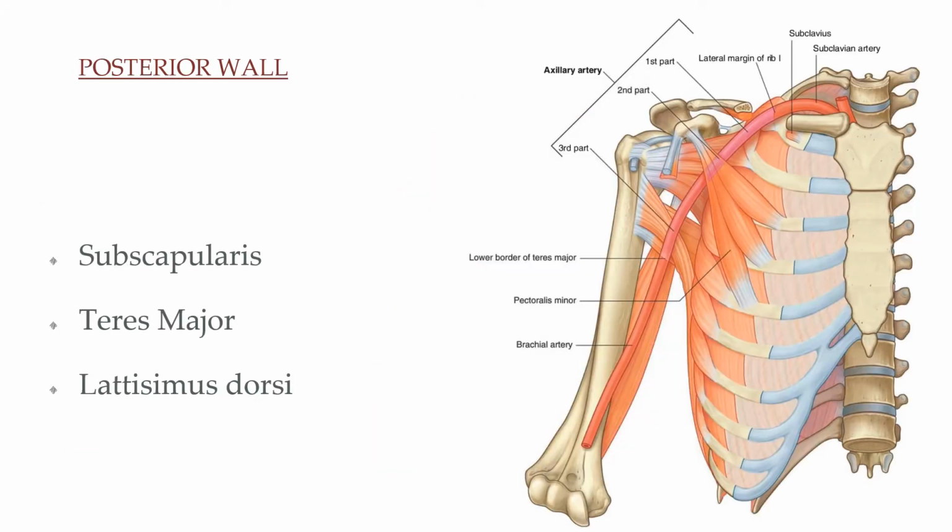The posterior wall of the axilla is formed from above downward by the subscapularis muscle followed by teres major and latissimus dorsi. We will read about the details of these muscles when we study the back and scapular region. As of now, the posterior wall from above downward is formed by the subscapularis muscle followed by teres major and latissimus dorsi.